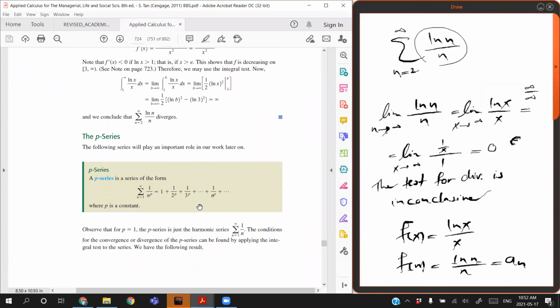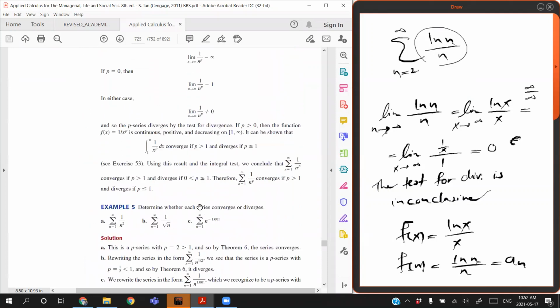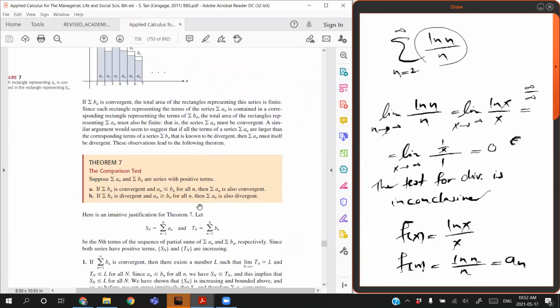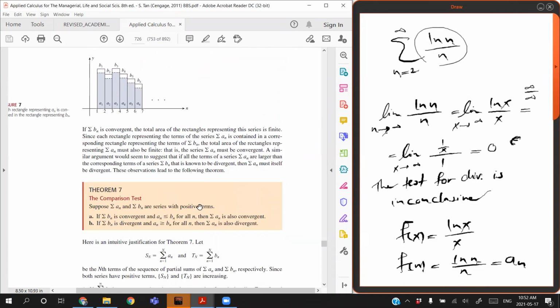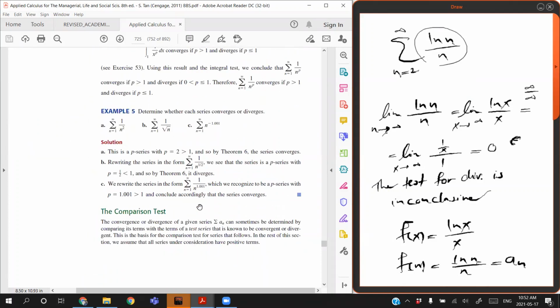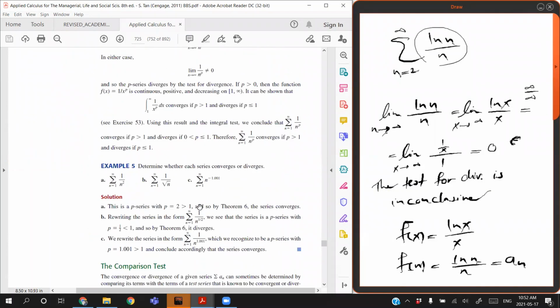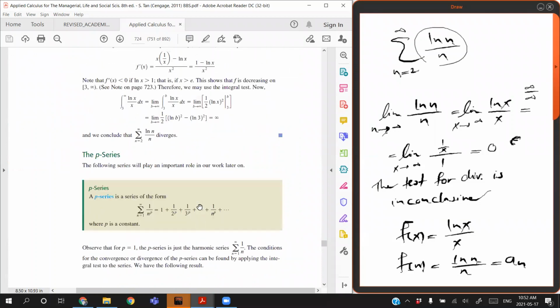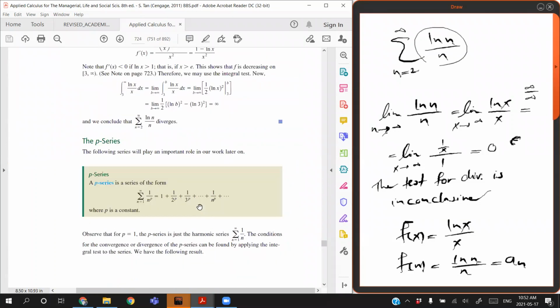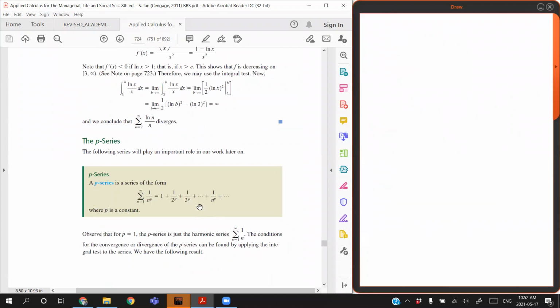I think I also covered the P series today, and I'll leave the comparison test for next class. Another type of series that are very easy to tell whether they are convergent or divergent are series that have this form: sigma 1 over n to the power of p, as n goes from 1 to infinity.